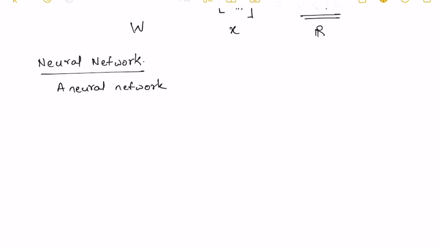So, for example, what is a neural network first? A neural network is a series of layers.